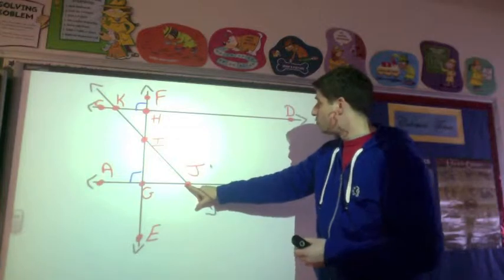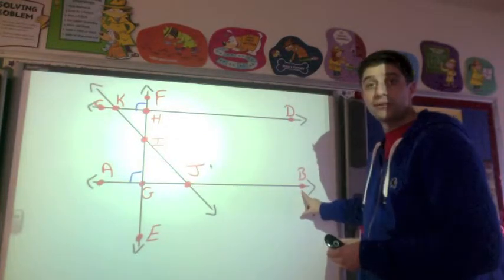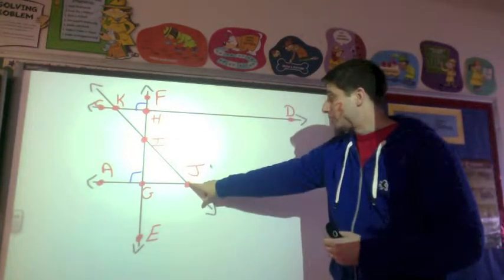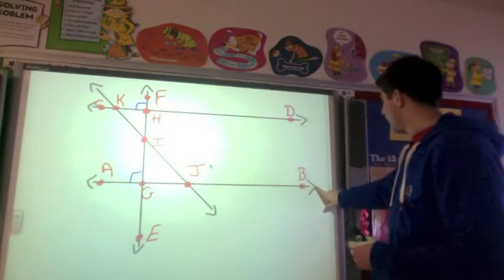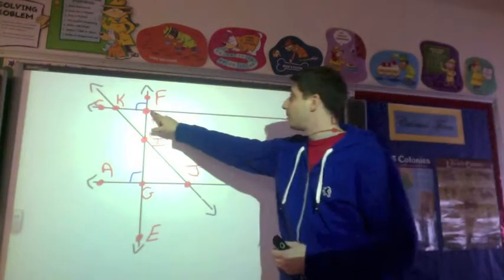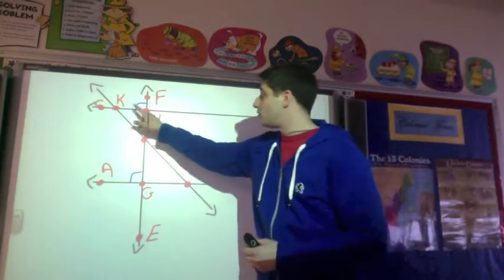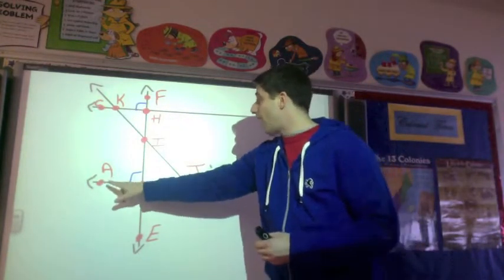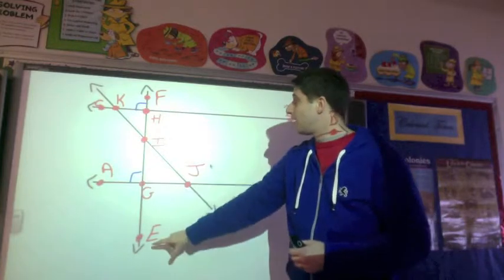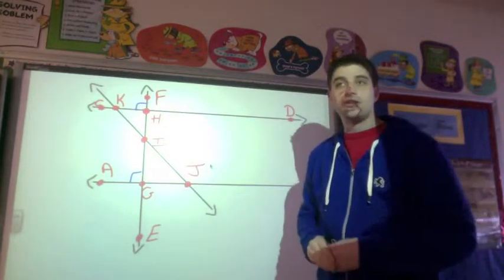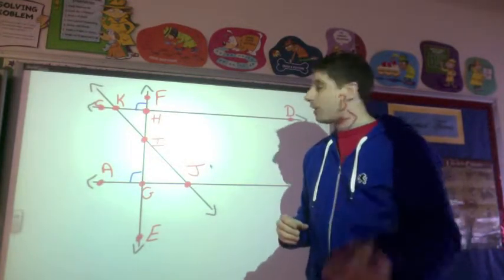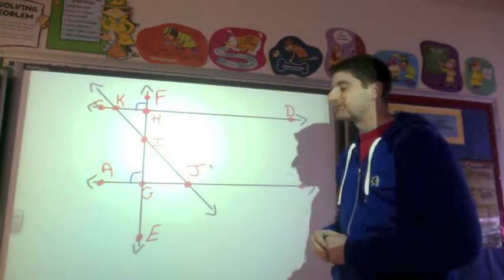If you said JB was a ray, you're correct. Here's our endpoint, and there's our ray. HD can also be considered a ray. So can HC and GA and GE. See, we could keep on naming these and keep on going and going.